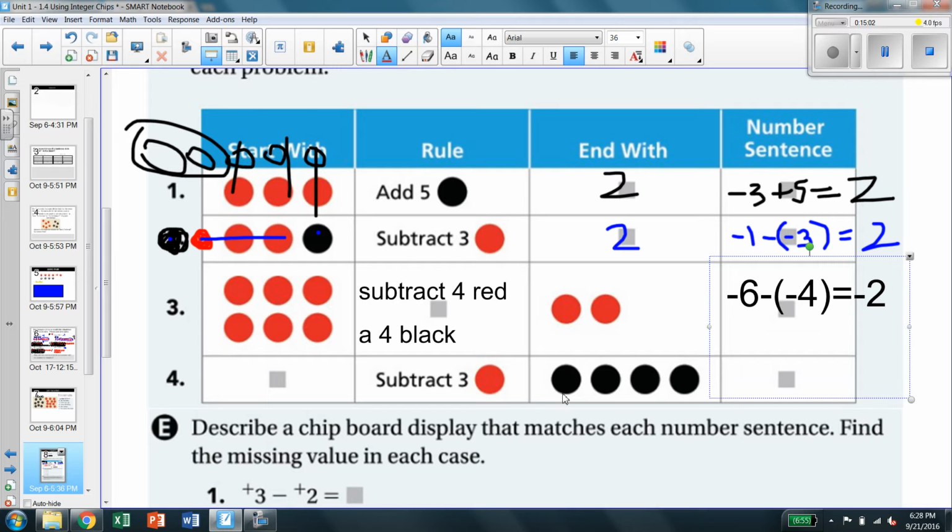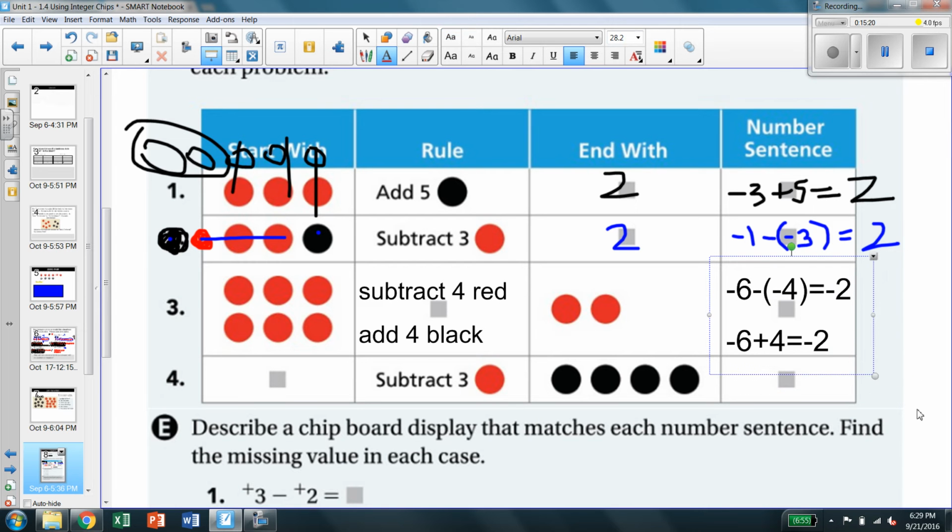Or we could have said negative 6, same thing as before, plus 4 equals negative 2. So same idea, taking two different roads to get there. Okay? Number 4, we started with something, we subtracted 3 reds, we wound up with 4 black. I'll leave you to think about this one.